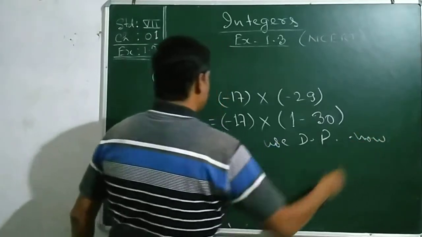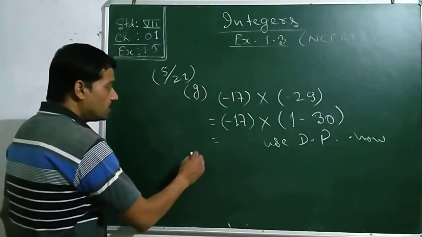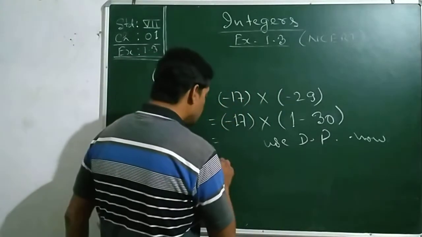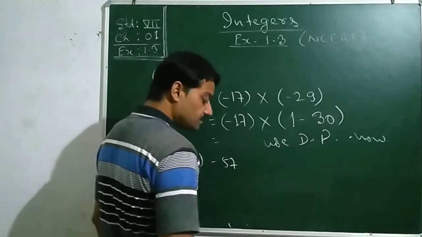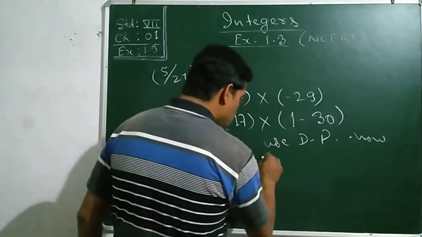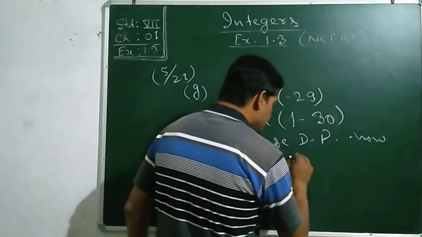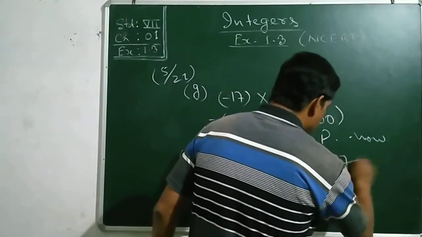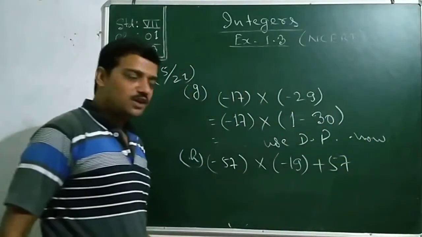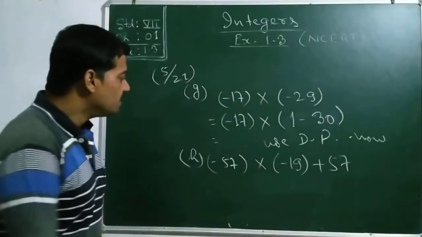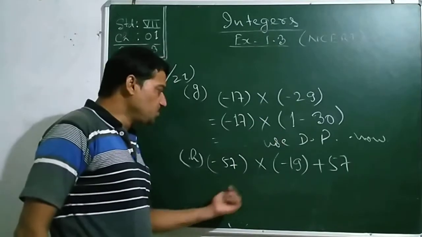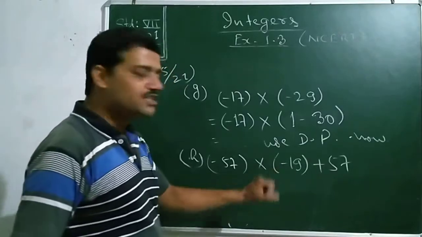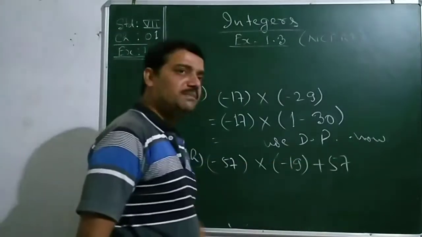Okay? And solve it. In the last sum, H number also, minus 57 into minus 19 plus 57. See, one of the tricks here, A into B, we have been getting to use DP. Distributive property is to be used. Then A into B is given, only A is given, C is not given.